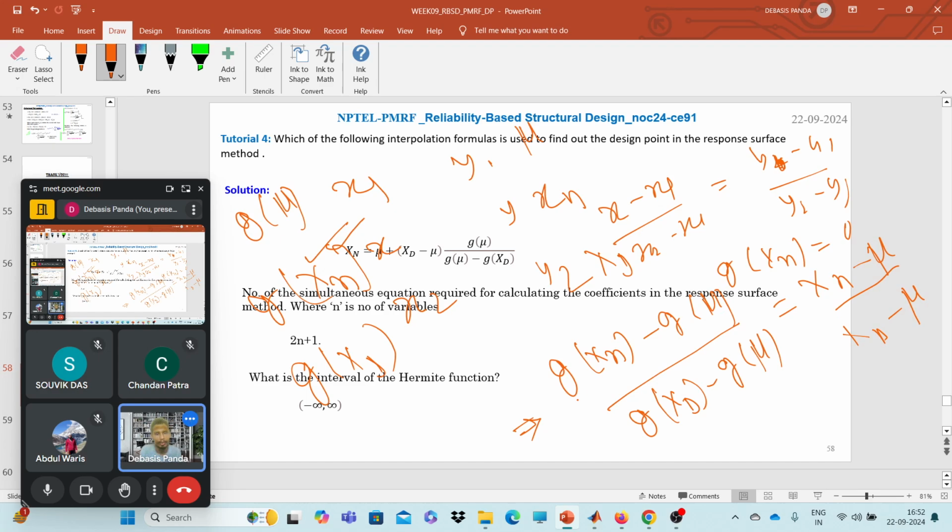Now your g of xn will be 0. Why will g of xn be 0? Because the final point will lie on the limit state, and on the limit state g of x equals 0. Now simplify it and you will get this equation. Simple interpolation.